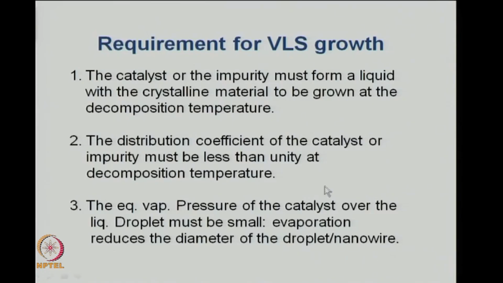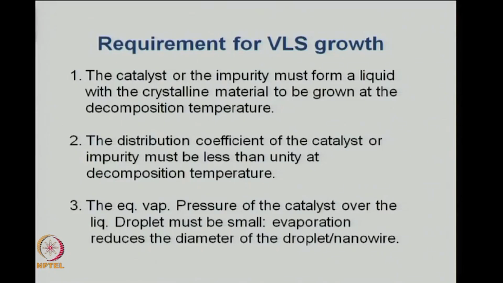Hence, you choose a catalyst which has a small equilibrium vapor pressure, so less evaporation. If you have more evaporation, the diameter of the droplet will decrease, and hence the diameter of the nanowire which you are synthesizing, which is controlled by the diameter of the droplet, will also decrease. So, the equilibrium vapor pressure of the catalyst should be low, and the distribution coefficient of the catalyst should be less than 1.